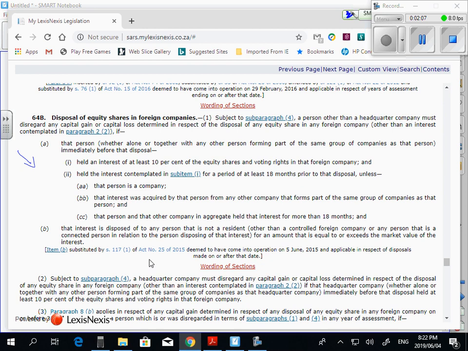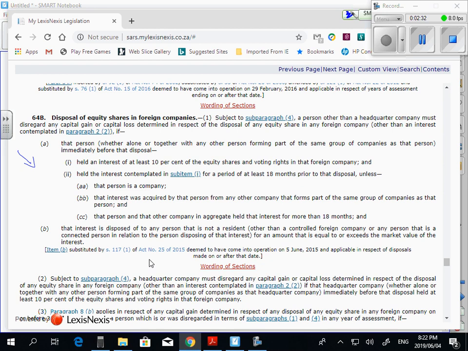So you needed to have owned it for at least 18 months. Unless that person is a company and the interest is acquired by a person other than the company that forms part of the same group of companies, and that other company in aggregate held it for 18 months, and that interest is disposed of to anybody that is not a resident. So you need to sell it to someone that is not a resident.